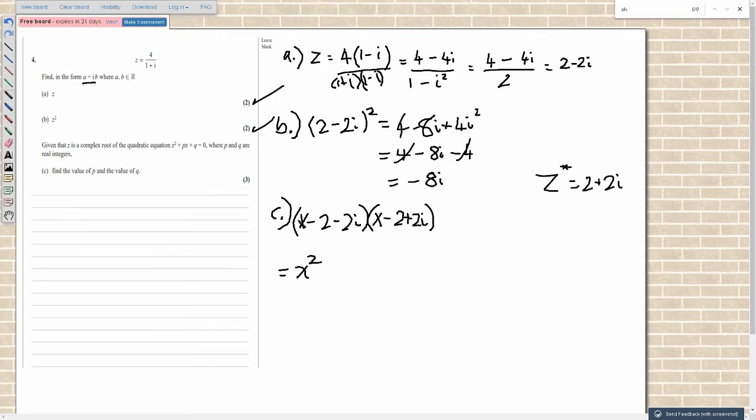So x times x, I'm going to get x squared. Now you just multiply across like through FOIL. But remember, each bracket is technically two terms, this one and that one, and the same with this side.